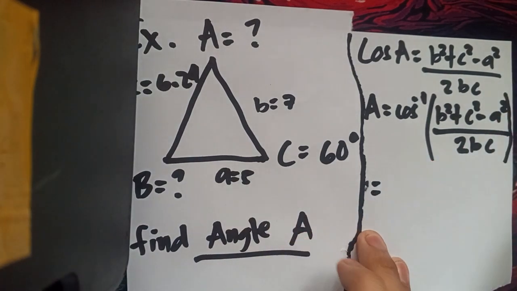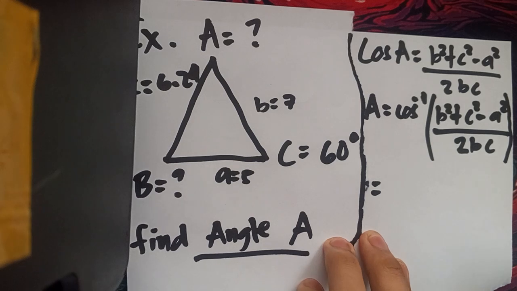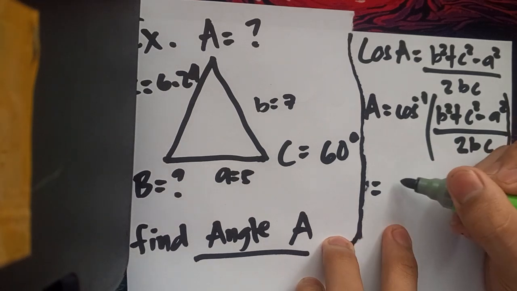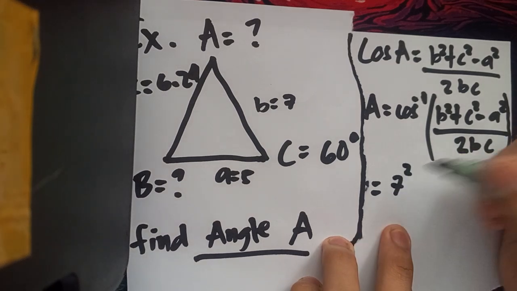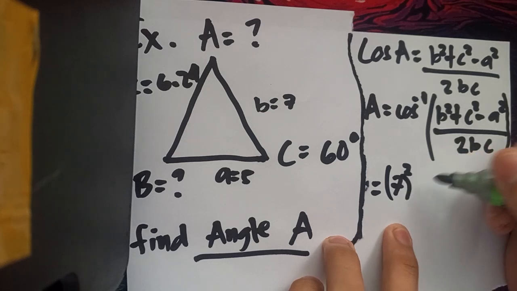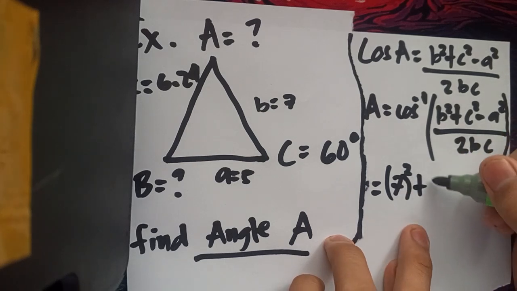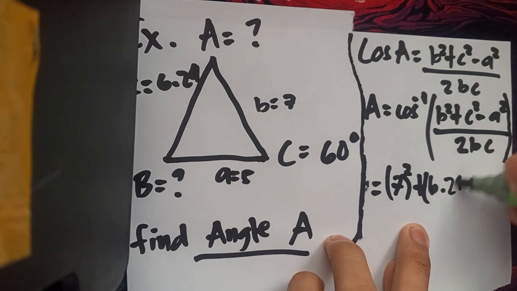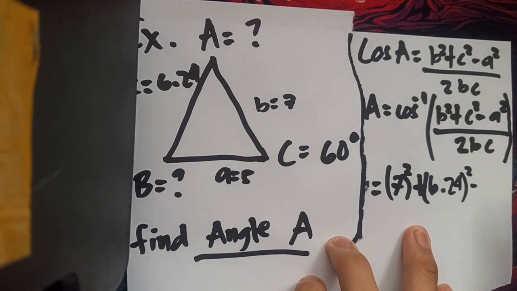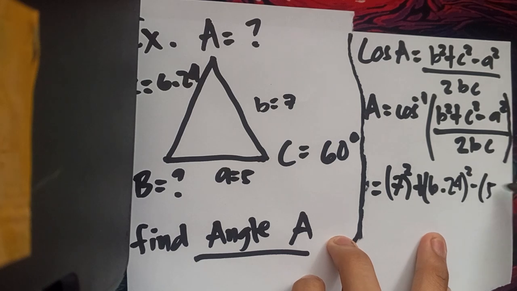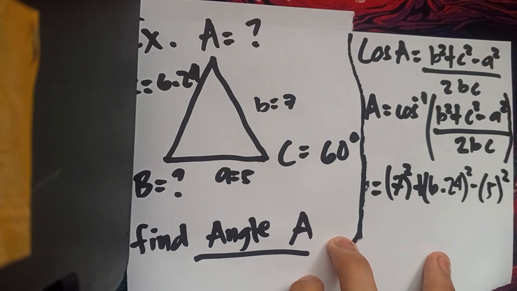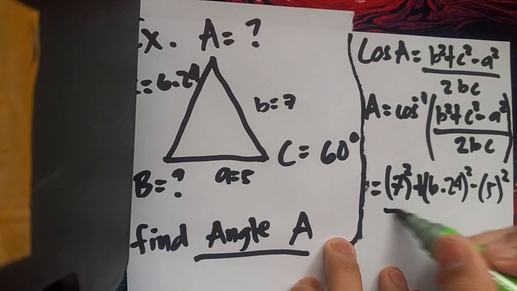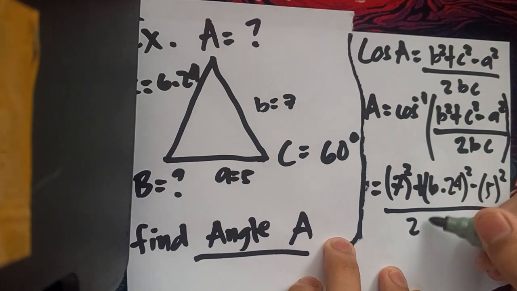So our side B is equal to 7 squared, plus side C, which is 6.24 squared, minus our side A, which is 5 squared, over 2 times side B, which is 7, times side C, which is 6.24. Put it in your scientific calculator.